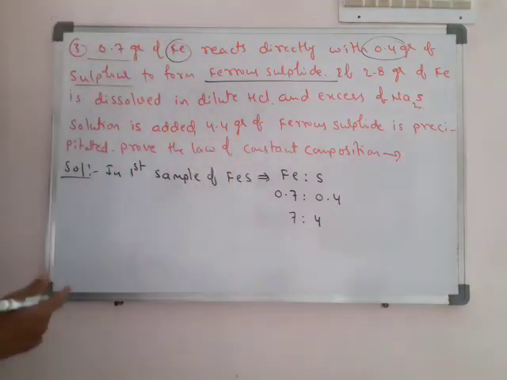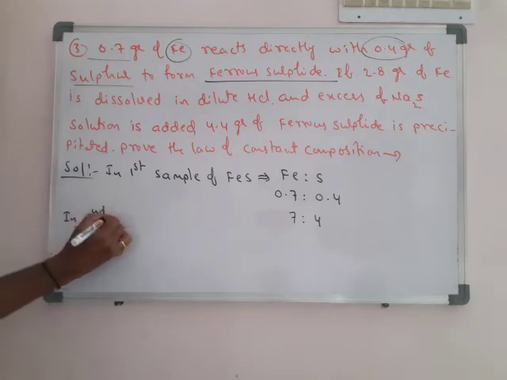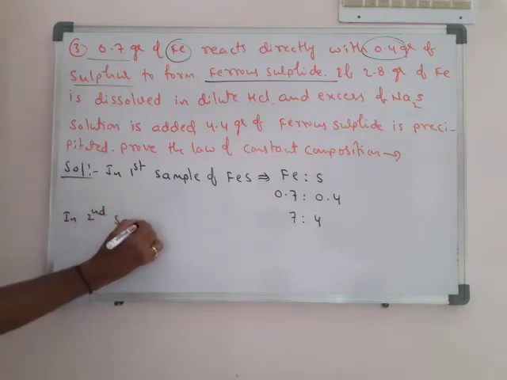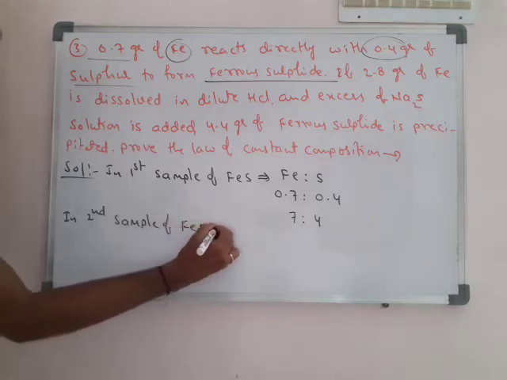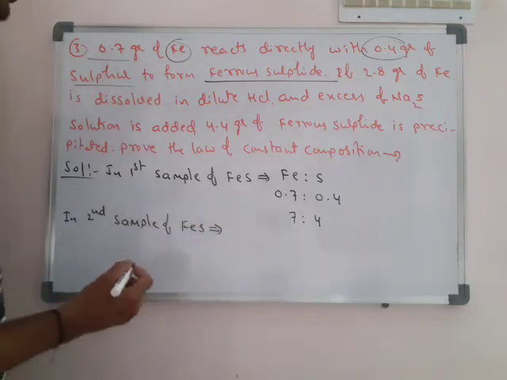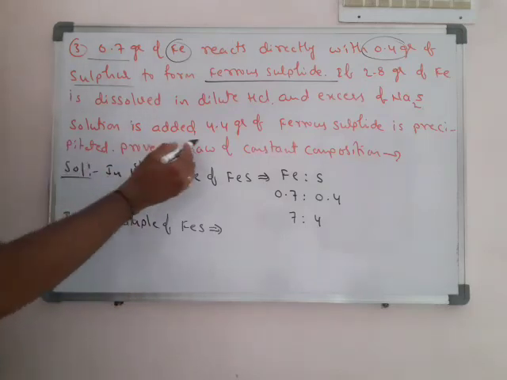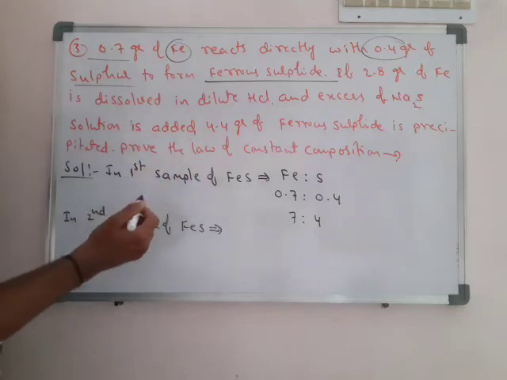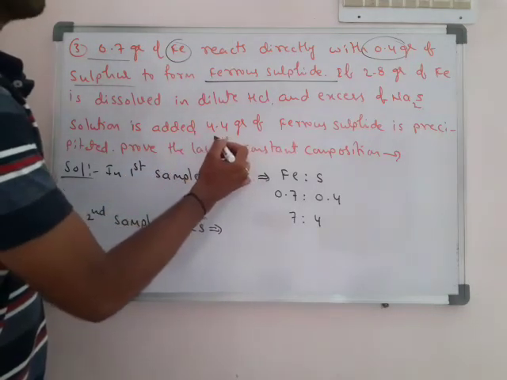For the second compound we have to find the same. In the second sample of ferrous sulfide, what is the iron? 4.4 grams of ferrous sulfide is precipitated, the total ferrous sulfide.